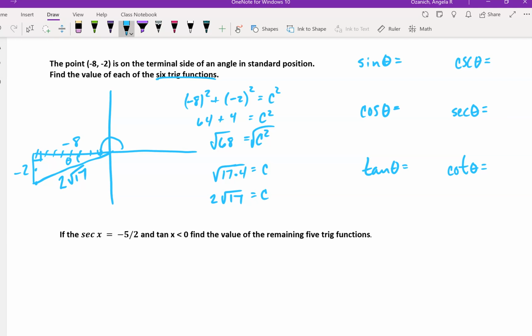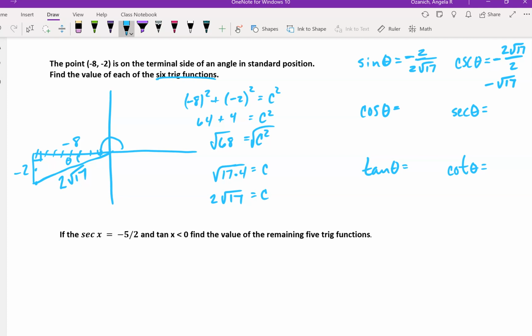So remember, for sine, opposite over hypotenuse, you're going to have -2 over 2 root 17. There's going to be some nice simplifying that's going to go on there. Its reciprocal is going to be -2 over root 17 divided by 2, which is just going to be a negative root 17.